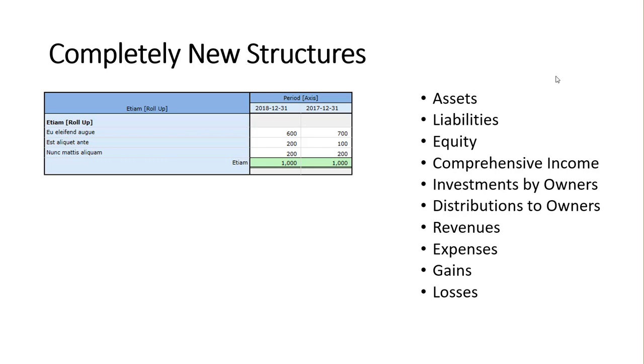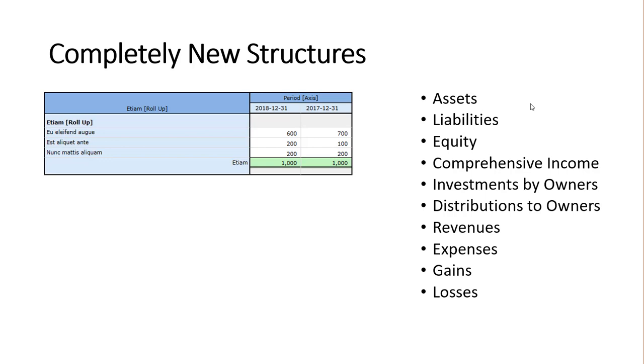And you could create a new structure where either the subtotals are all new, but the grand total is something that exists, or the grand total is new and the subtotals are something that exists, or you could have something where both the subtotals and the grand total don't exist.